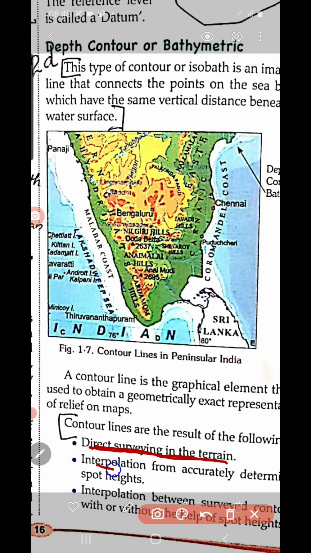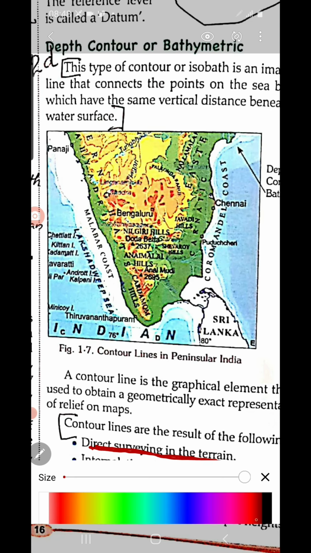Next is the interpolation from accurately determined spot heights. Spot height means, in the survey map, there are black spot heights like this. You can find the spot height, and numbering is also given. Suppose 562, suppose 347. Spot heights are the height of a place from the sea level.